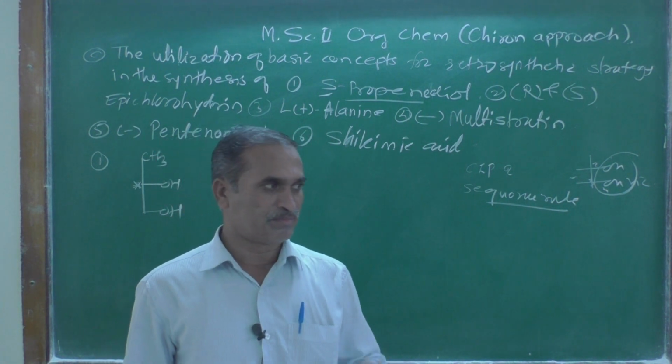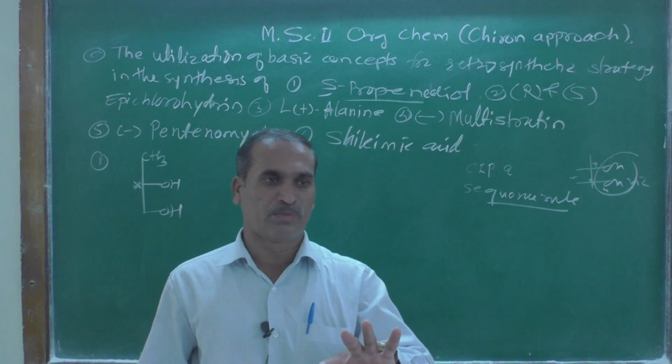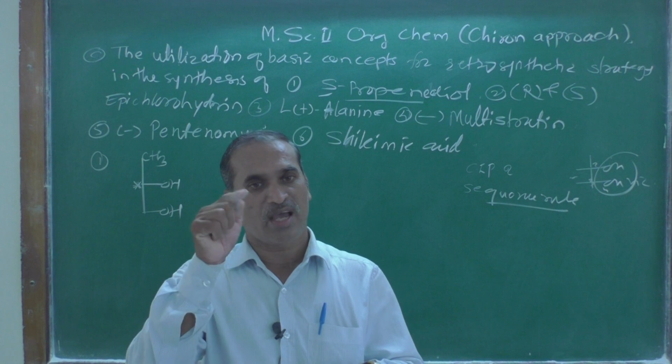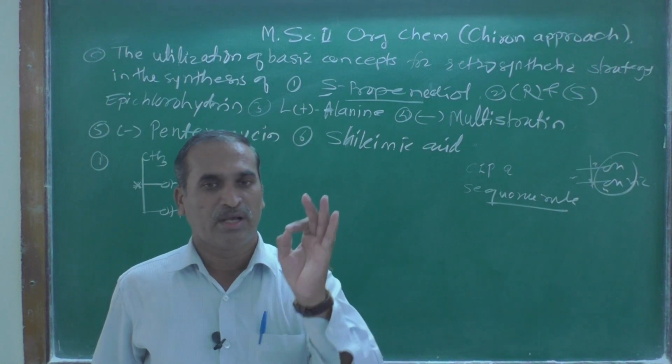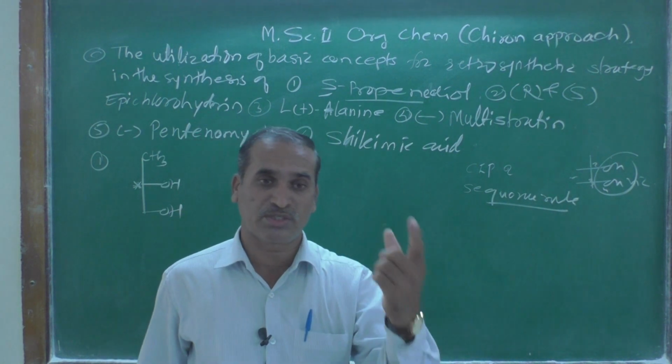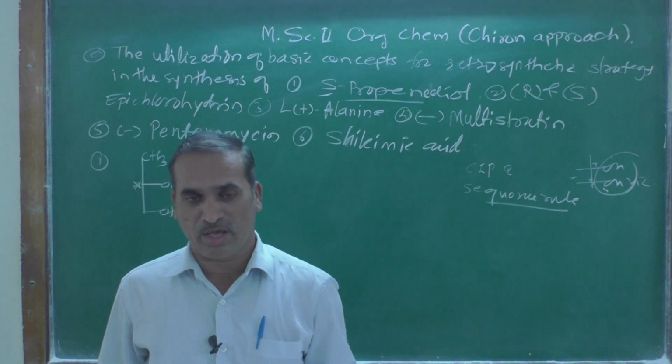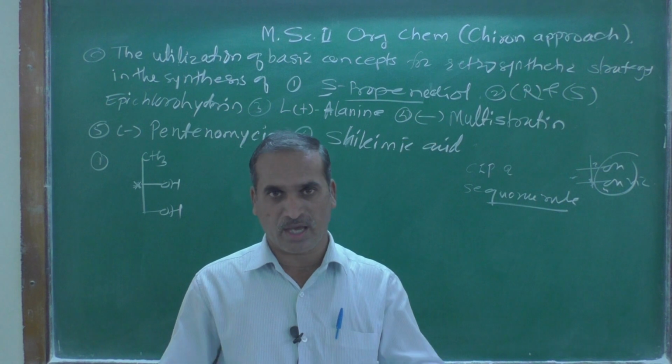Among the 4 different groups, the atom or group having the highest atomic number should get first priority, then second priority, third priority, and fourth priority.